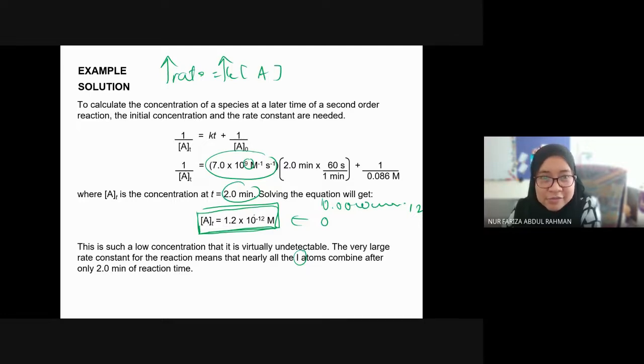Okay, chemistry, how do you explain the value that you get? It is very, very low, right? So what does it mean? Okay, tu yang membezakan awak dengan bila you faham, you must be able to explain this.